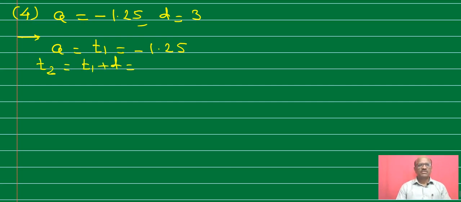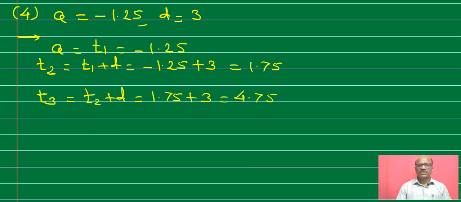T2 is equal to T1 plus D, minus 1.25 plus 3, that means 1.75. T3 is T2 plus D, that is 1.75 plus 3, 4.75. T4 is equal to T3 plus D, that is 4.75 plus 3, 7.75.